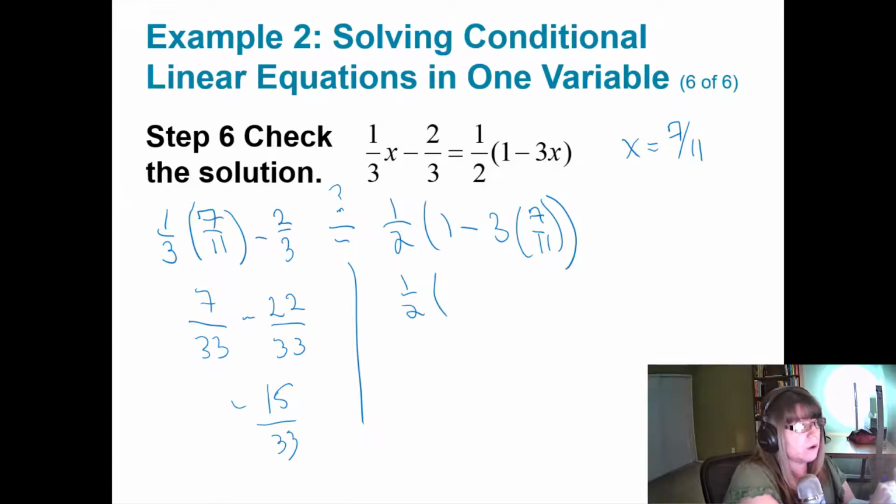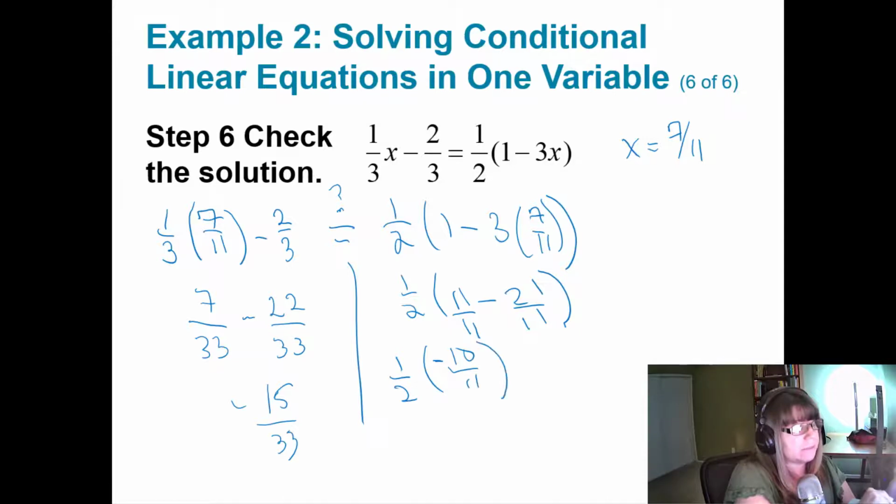1/2, 1 minus 21 over 11. I can change this over to, what do I want to say, 11 over 11. So I got 11 over 11. That's still a 1. 11 minus 21 is negative 10. So negative 10 over 11.